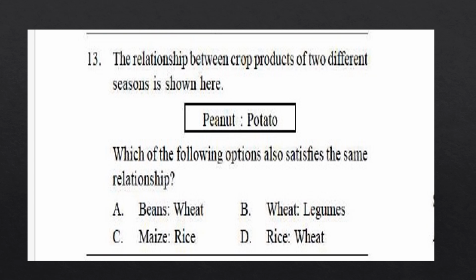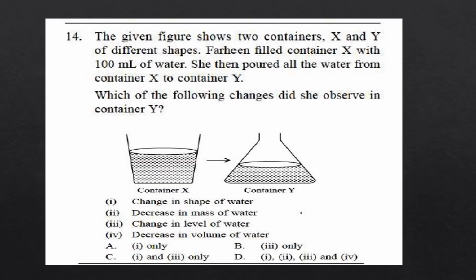Option C, maize and rice. Option D, rice and wheat. And the correct answer is option D, because peanut and rice both are kharif products and potato and wheat both are rabi crops.